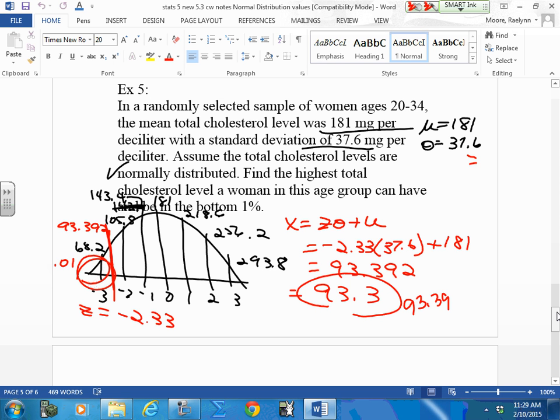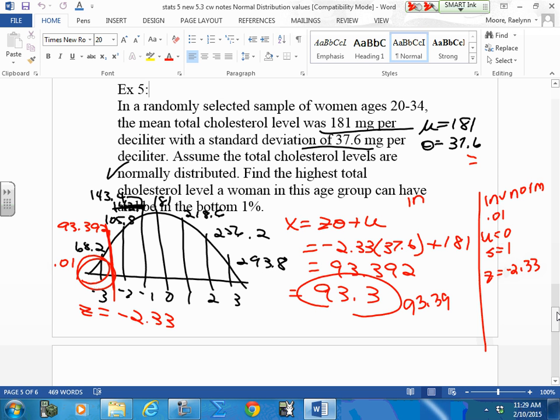You know how you did inverse norm? You put inverse norm, you said, find me my area. Your mean was 0, your standard deviation was 1, and you found your z-score. Right? We can do the same thing we did with your normal PDF.